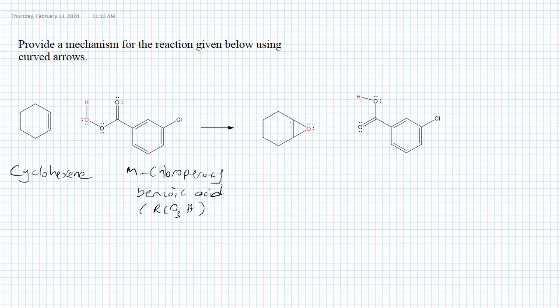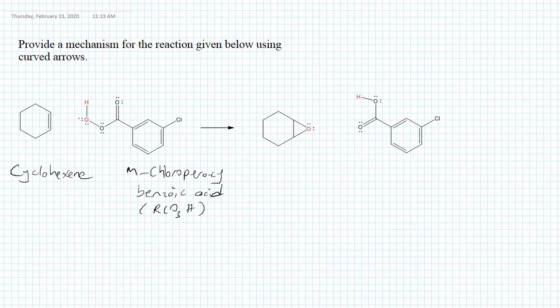We have here two new carbon-oxygen bonds, and if you look at here, this bond is broken. Oxygen-hydrogen bond is broken. A new bond is formed between here hydrogen and oxygen.